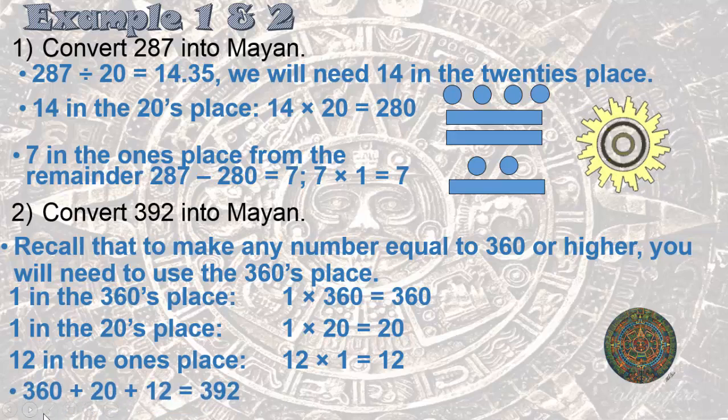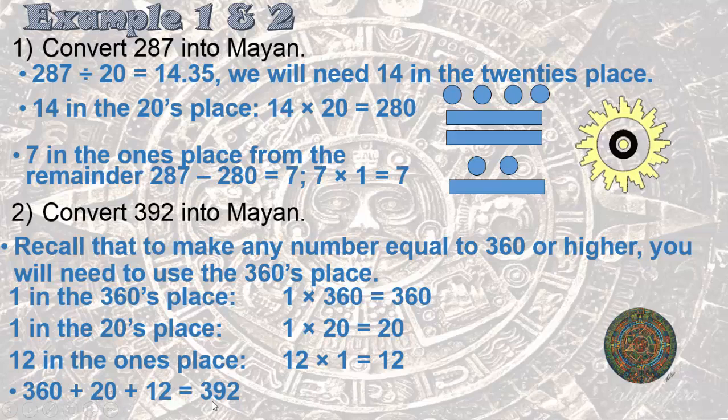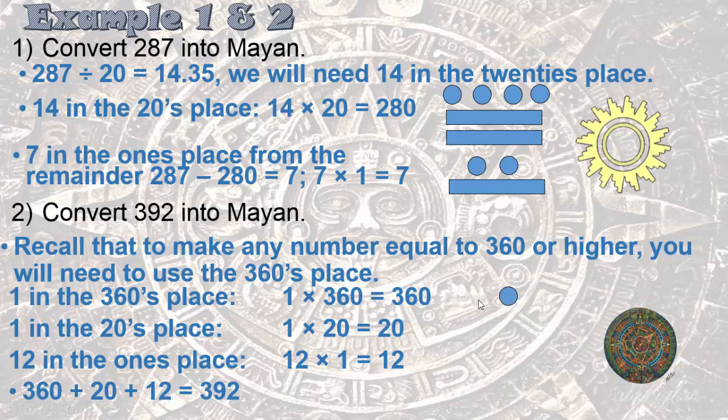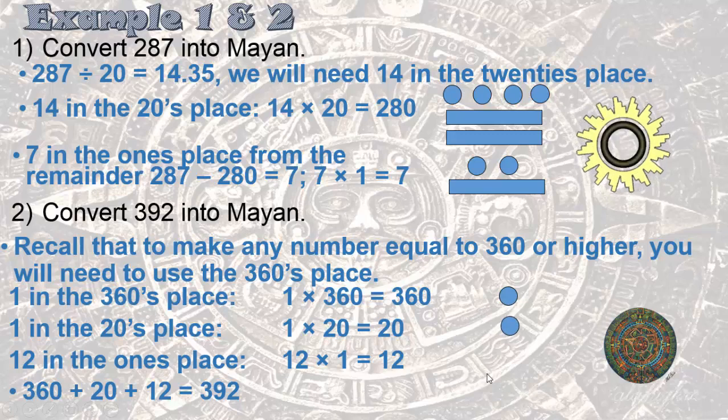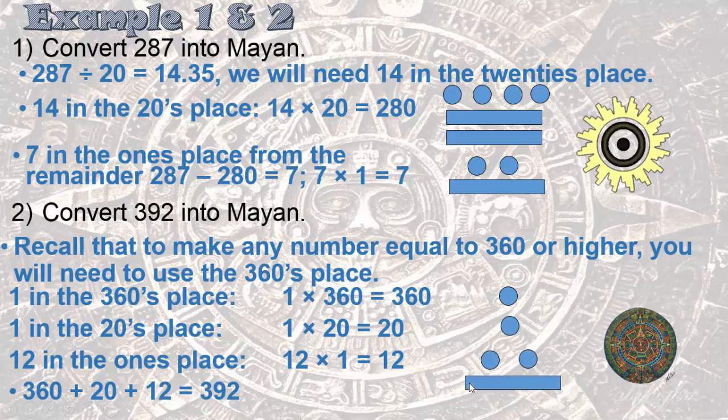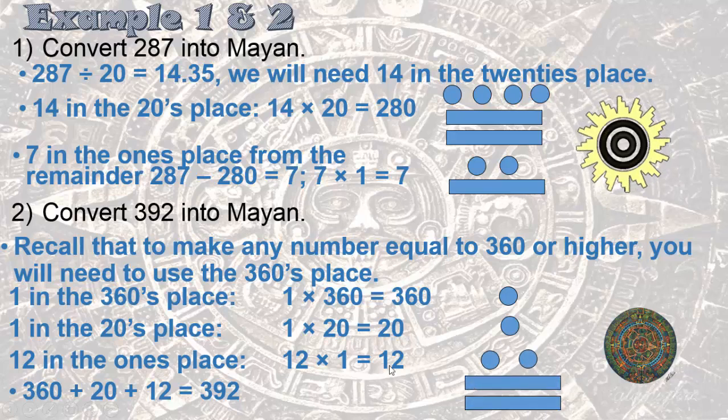And we finally have 360 plus 20 plus 12 will give us 392. So we write that in Mayan as 1 dot in the 360s place, 1 dot in the 20s place, and then 2 dots and 2 bars in the ones place.